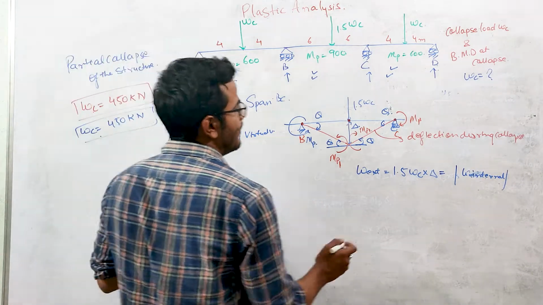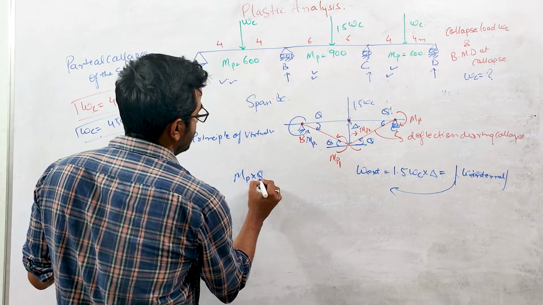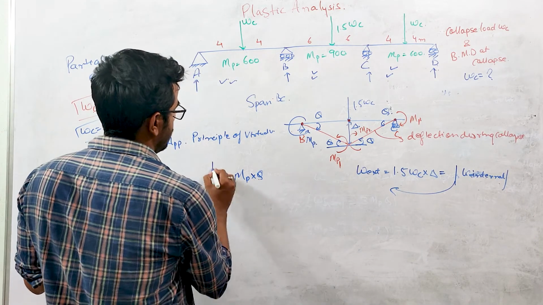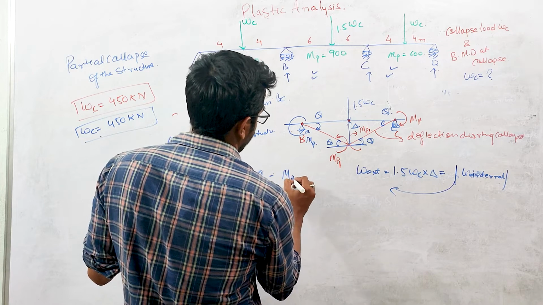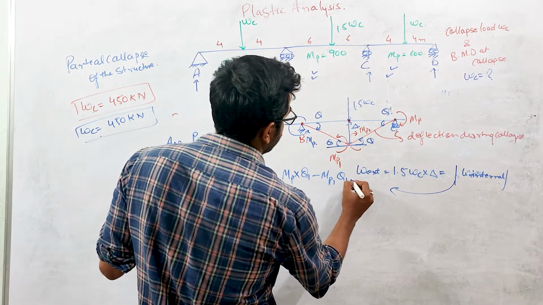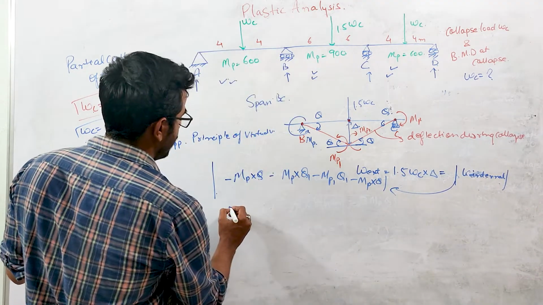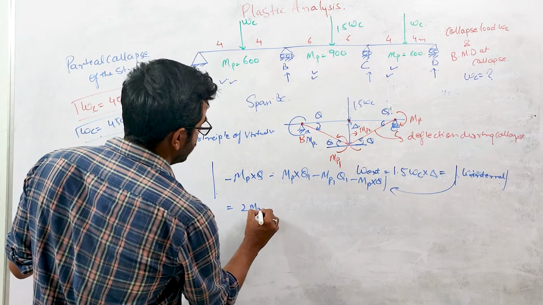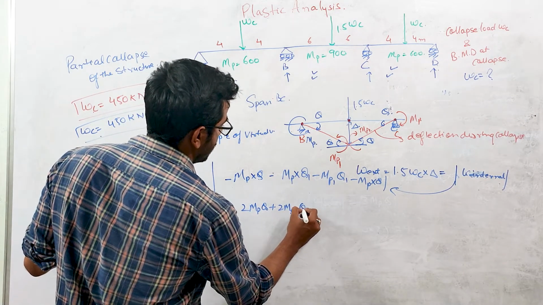So this value will be equal to MP into theta, minus MP1 into theta1, again minus MP1 into theta1, minus MP into theta. So this value will be 2 MP theta plus 2 MP1 theta.